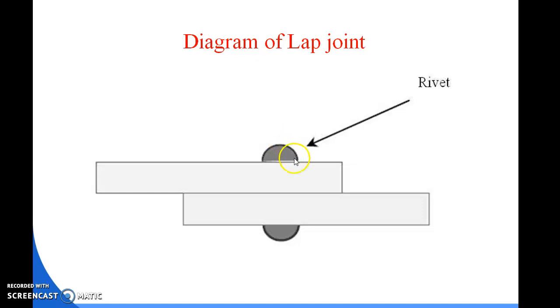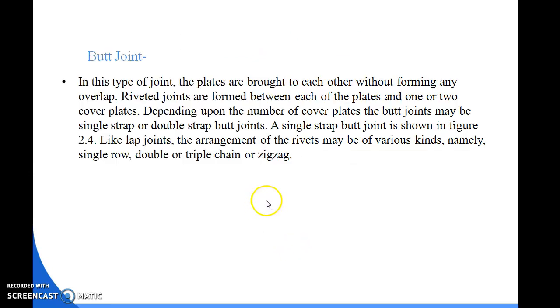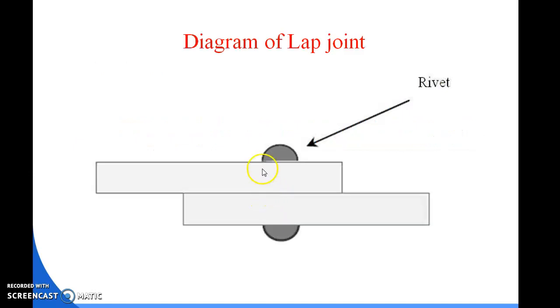Here is the rivet, the head part of the rivet, and this is the tail part. This is the hole between the two plates, and we have to enter the rivets within it.